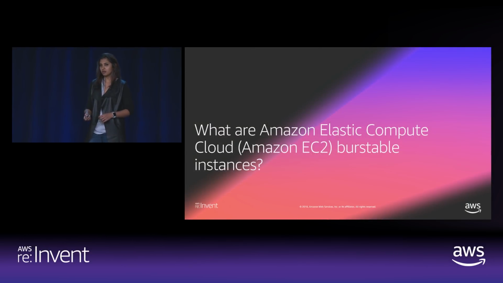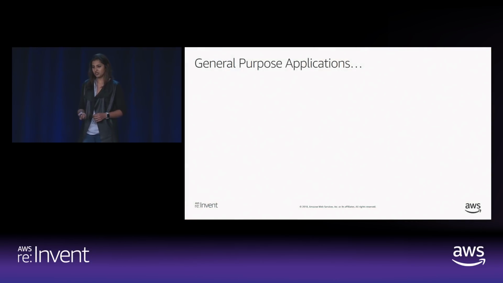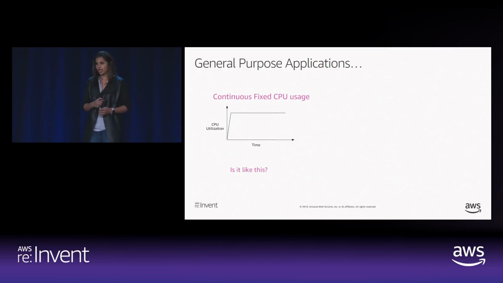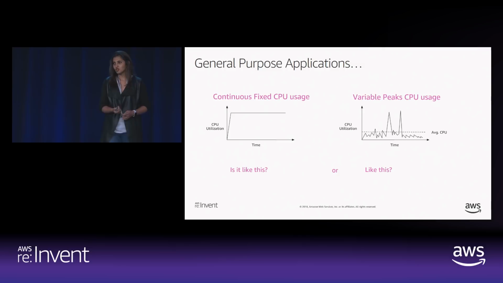OK, let's take a look at what Burstable instances are. If you look at the majority of general purpose applications, how many of your workloads have a continuous and fixed CPU usage? Does it look like this, or does it look like this? Chances are it's like the second picture.